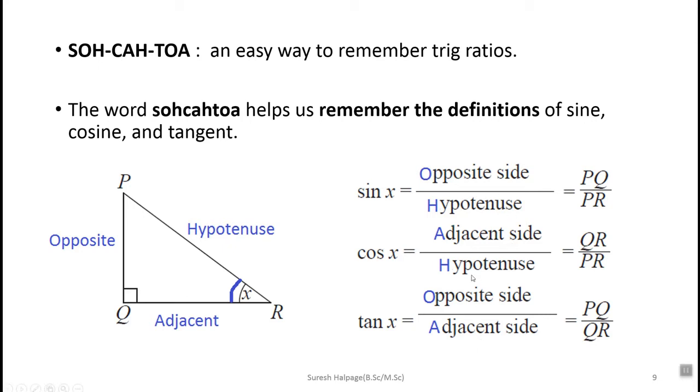These ratios can be difficult to remember. So the word SOHCAHTOA is helpful for remembering what ratio goes with which function, sin x, cos x, or tan x.